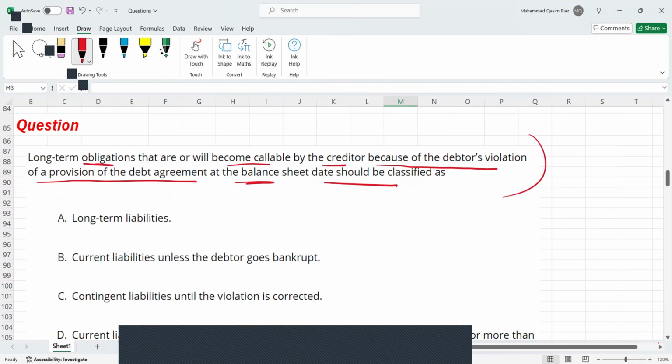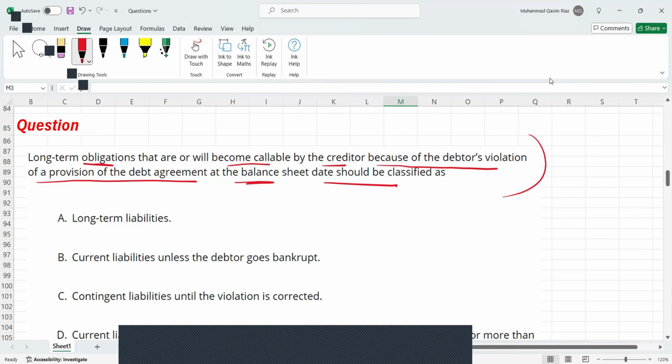For example, I have taken a loan, and maybe you can assume it was non-current loan, non-current liability. But if I violate any condition, please note, if debtor violates any condition or covenant, this loan will become callable and this loan will become current liability of the debtor unless it is waived by the creditors. What does it mean?